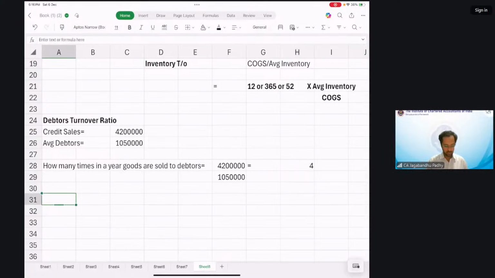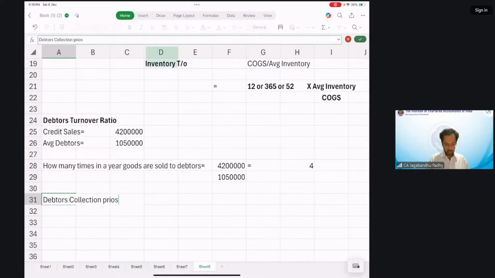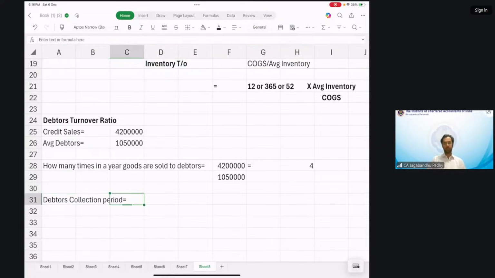Now, same lines, if I ask you, what is the debtors collection period? If you're selling goods to your debtors 4 times in a year, how much time do you take to collect the money? In months, you can definitely say.